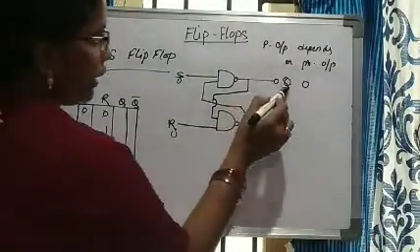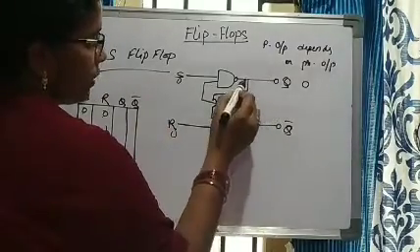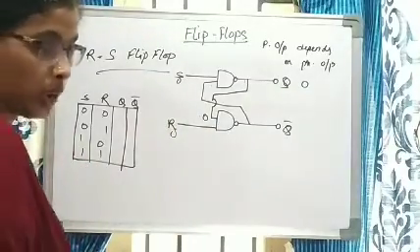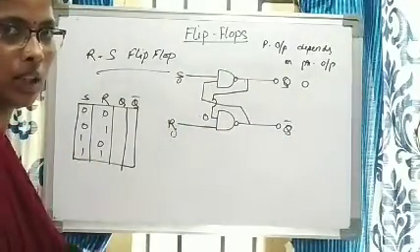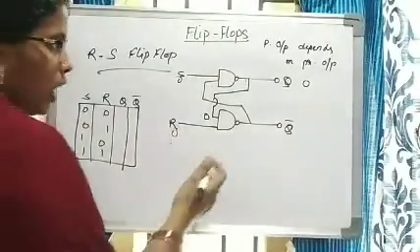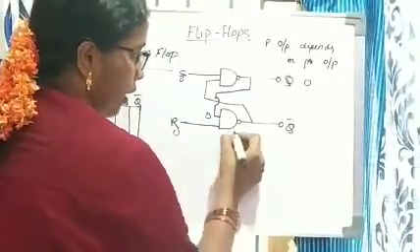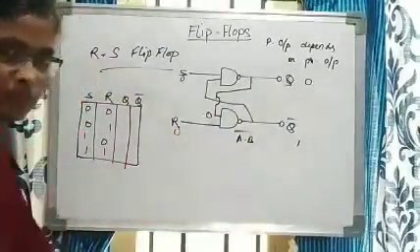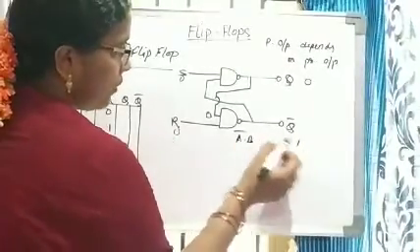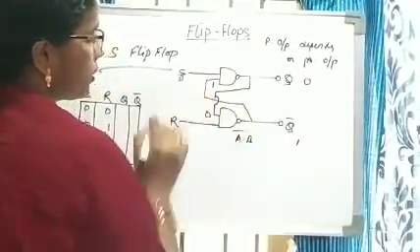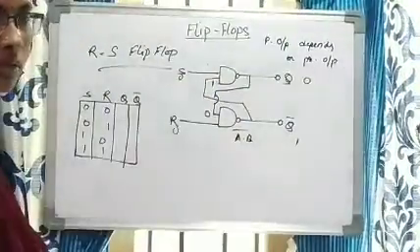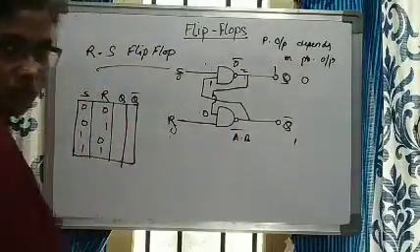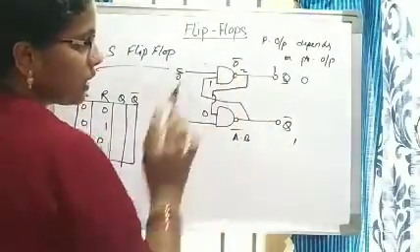So if this is 0, this is 0. 0 into 0 is 0. What is the output of a NAND gate? It is A dot B whole bar. So 0 into 0 is 0, and 0 bar means 1. So Q bar we get 1. Now this is 0, this is 1. What is 0 into 1? 0. Again 0 complement is 1. Now this is 1, this is 1.